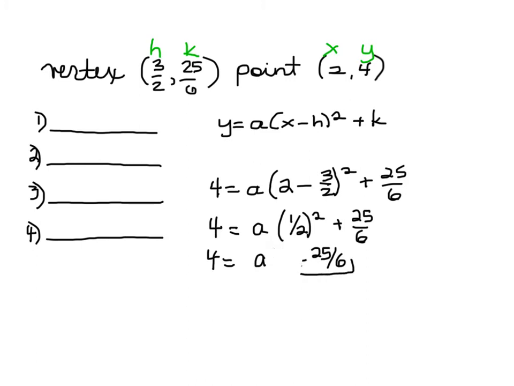I want you to square that 1/2 and put it in front of the a, because I want it to say 1/4 times a plus 25 over 6. I'm going to subtract the 25 over 6, and I'm going to get negative 1 over 6. So if you need to write a note there, what did I do to get to this next step?